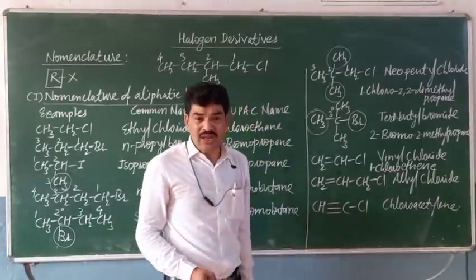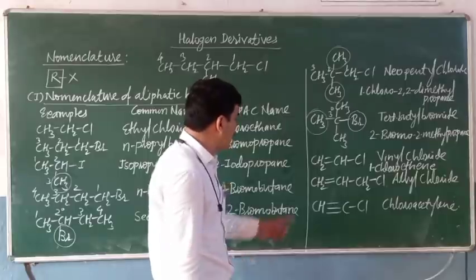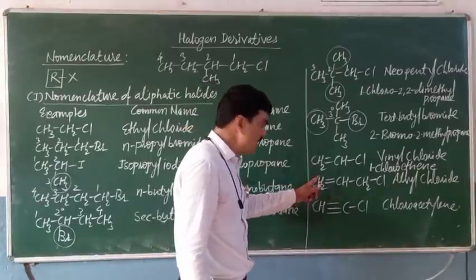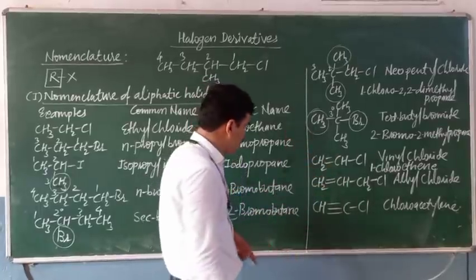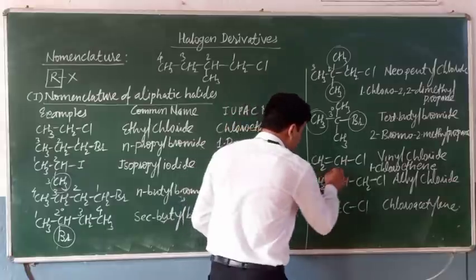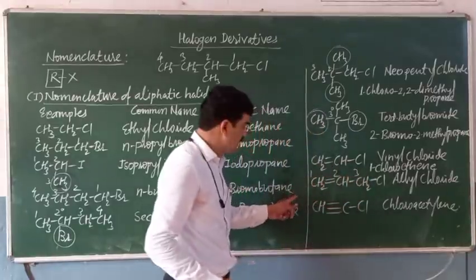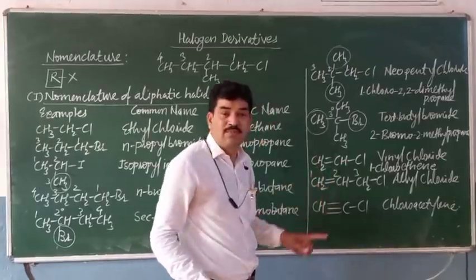Alkene group is the primary group, the halide is the secondary group. Therefore, during the numbering of the carbon atoms, care should be taken that the carbon forming the primary functional group should get the least possible number. So we should number in this way 1, 2, 3, not from the right side. This is the correct numbering. By this numbering, this carbon gets the least possible number.